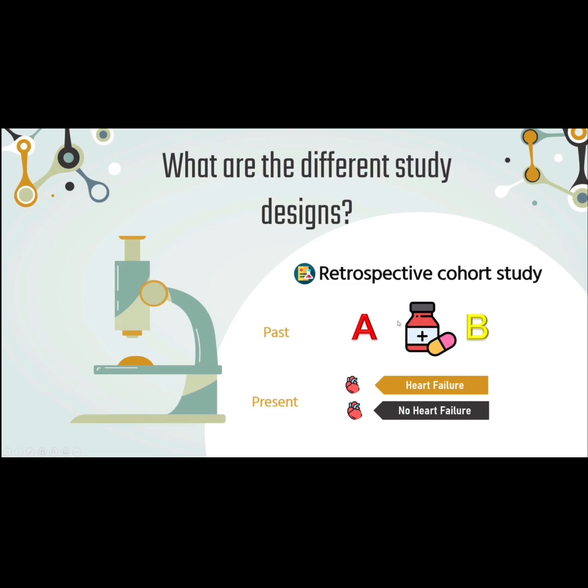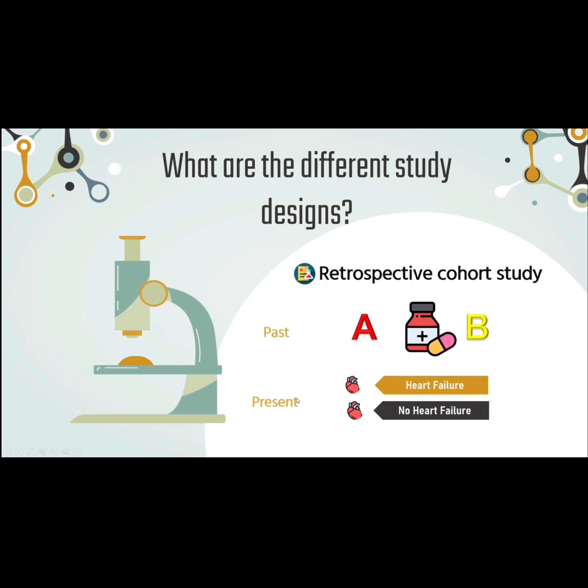So now we can tell whether drug A is better than drug B, or drug A is similar to drug B, and this is a better study design because now we can confirm that drug A is good or drug A should not be used. You see here next to drug A, drug B, and next to the outcome I have past and present. That means that for retrospective cohort studies, everything is already collected, everything is in the charts. That's why whenever you think about this type of study, the information should already be in the charts.